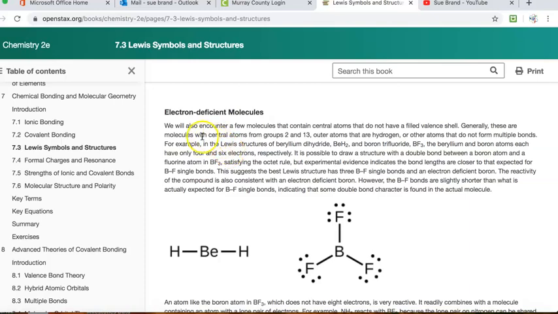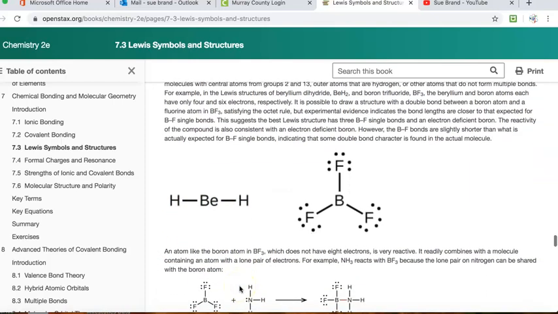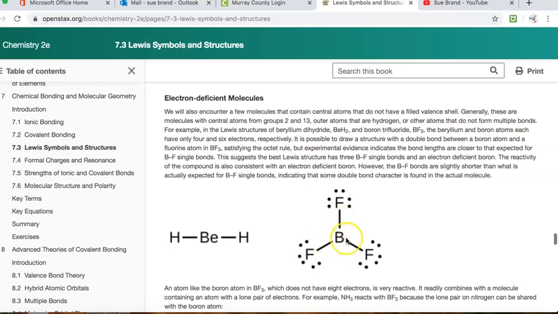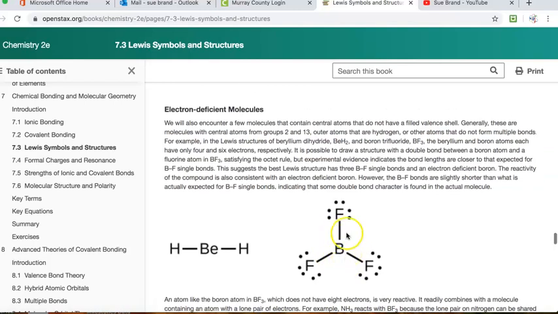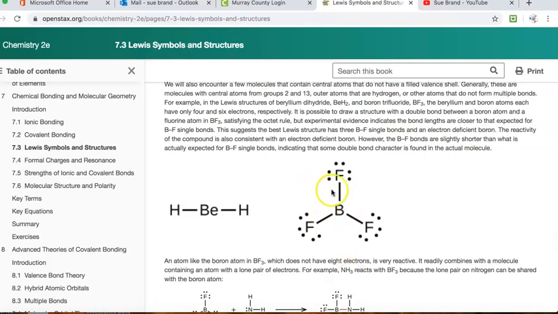This is generally true when you have central atoms from groups 2 and 13. Beryllium has 2 valence electrons, so obviously it only has 4 around it and not 8. Boron is in group 13, so it has 3 valence electrons. So it only has 6 when it makes 3 covalent bonds with 3 fluorine atoms.